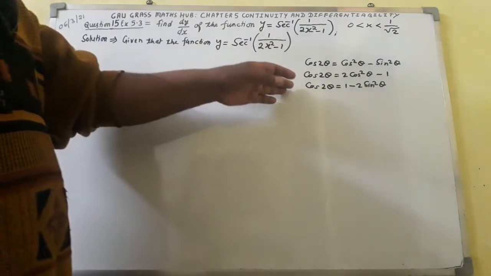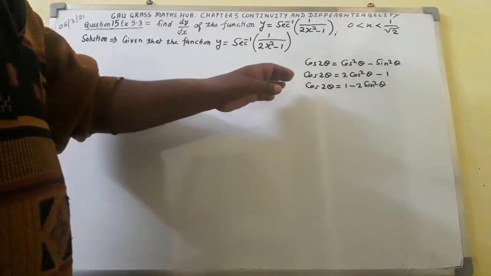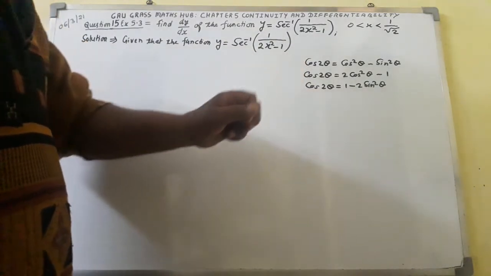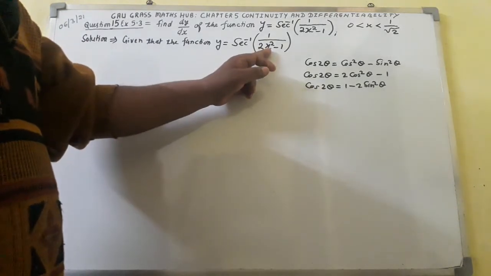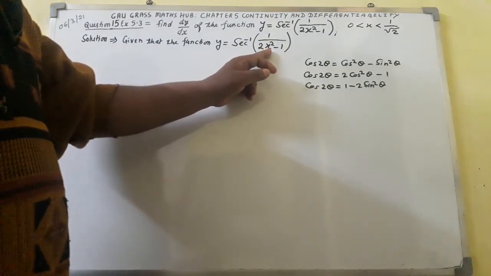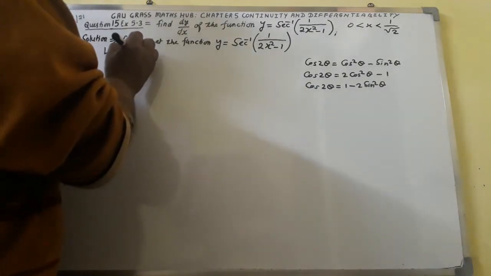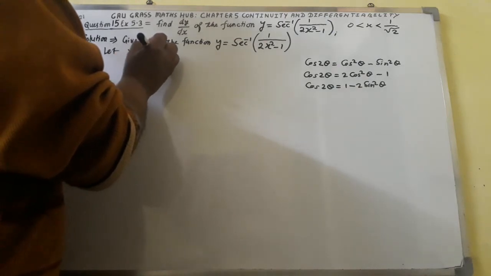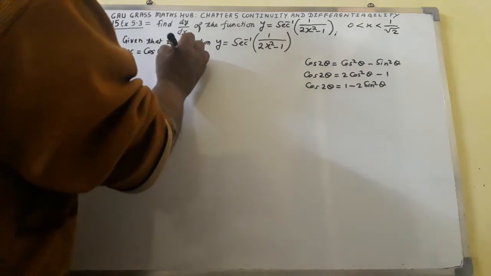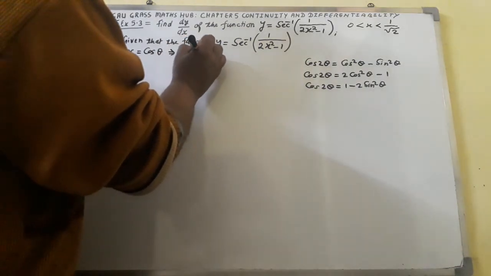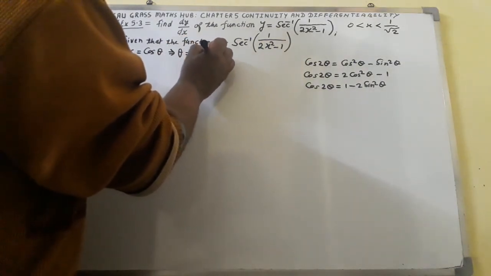Out of these formulas, I shall use this one. Here in place of x, I shall write cos theta. So let x equal to cos theta, which implies that theta is equal to cos inverse x.